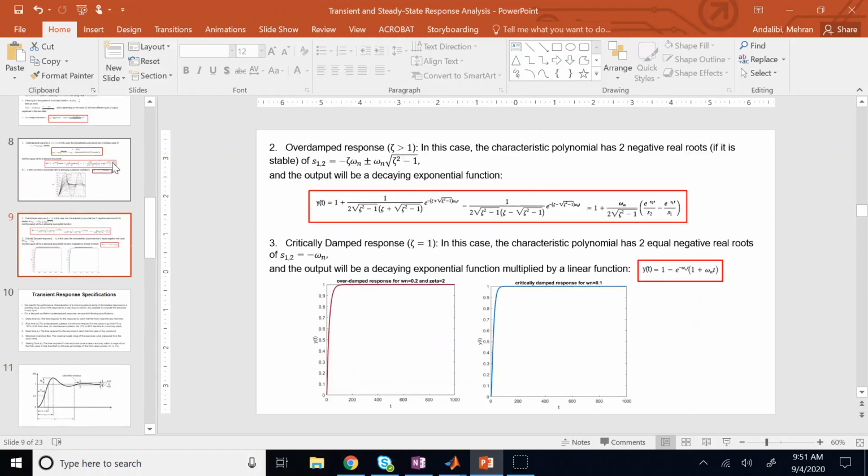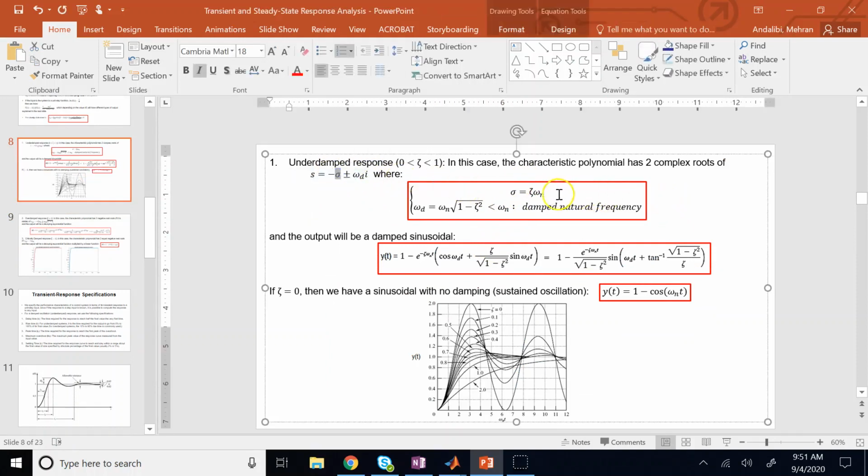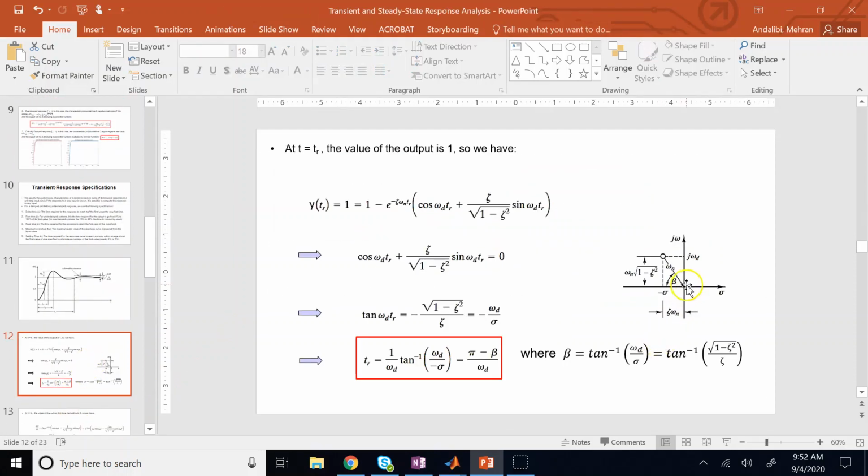And beta here is the angle associated with our complex roots. If you remember, in this situation we have two complex roots where their real part is negative sigma, and their imaginary parts are omega d. So if I plot those two complex roots in the complex plane, this is one of them, you see, the real part is negative sigma, the imaginary part is omega d.